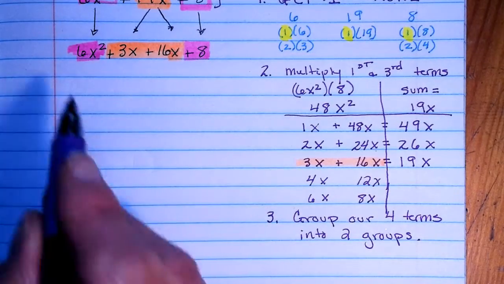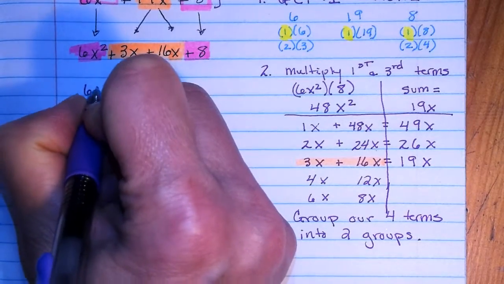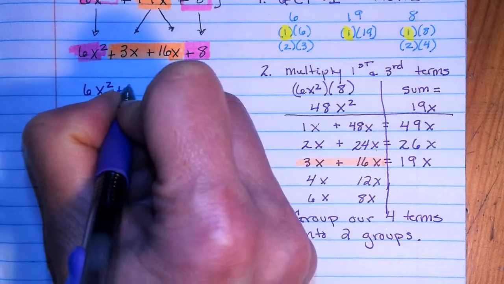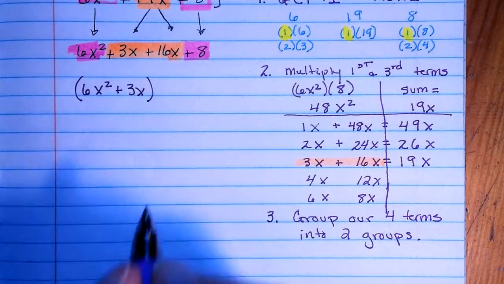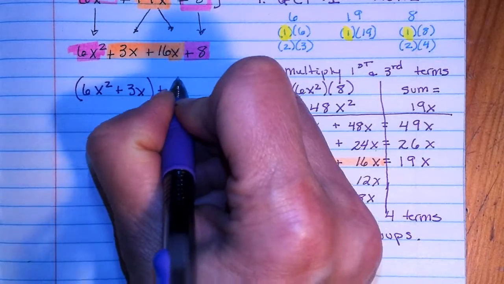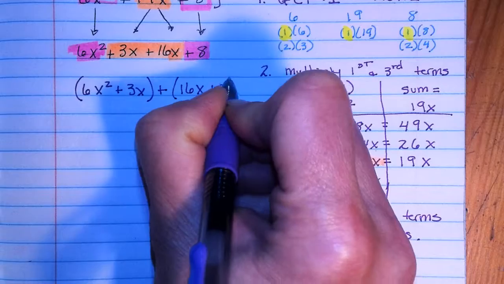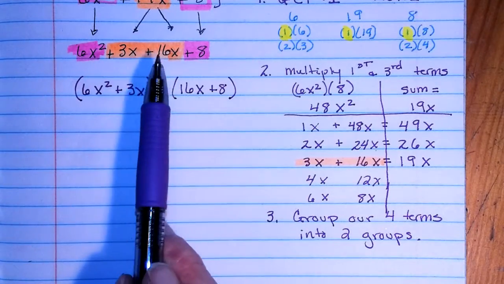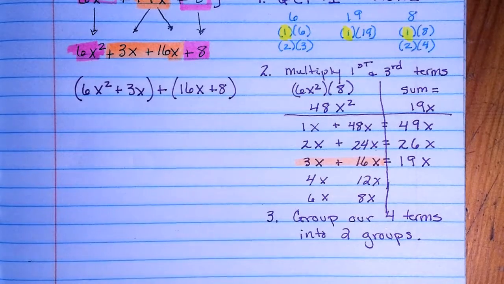So I'm now going to group them into 2 groups. That means I have 6x squared plus 3x. That's one group. And then I'm going to have 16x plus 8. If this were a minus, I'd do something slightly different here. This is a simpler problem.